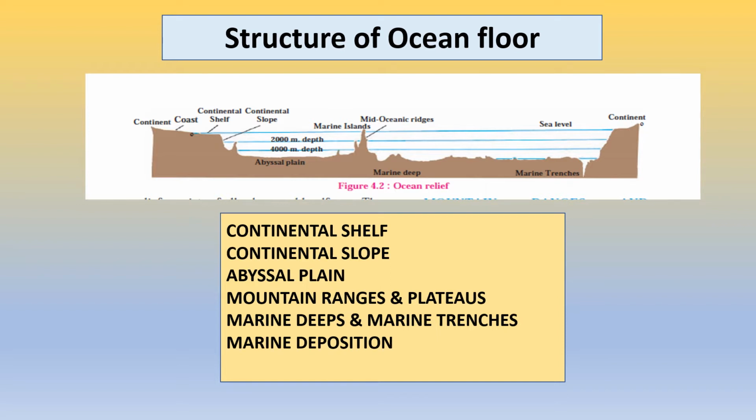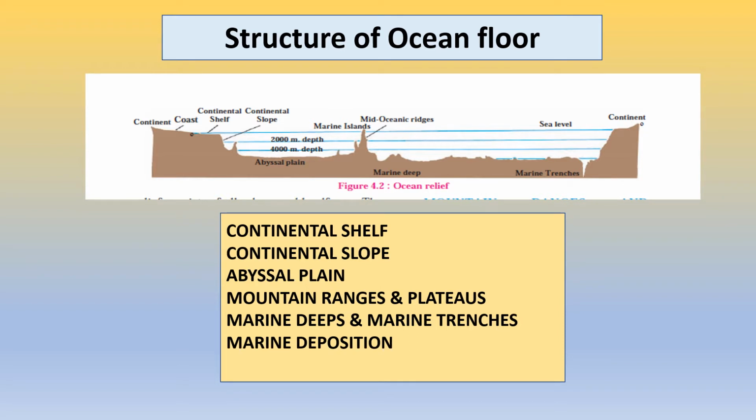Sorry if I'm repeating it in other languages. Okay, in this topic, in segment 4.2, we are going to study the continental shelf, continental slope, abyssal plain, mountain ranges and the plateaus which are found, marine deeps, and marine trenches, and I think segment 4.3 will be on marine deposition.